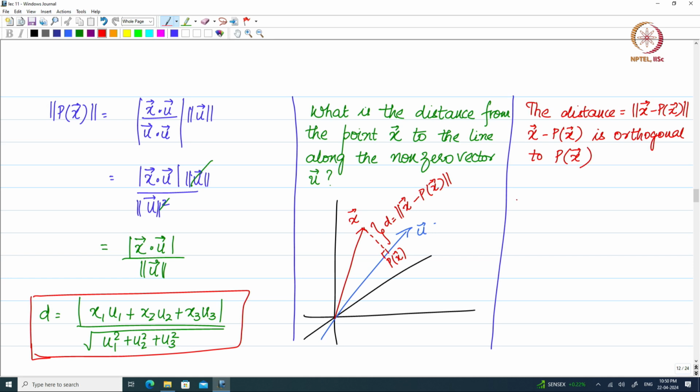So, I can use Pythagoras theorem and say that the squared length of x minus p of x is equal to x squared minus p of x the whole square. X squared is basically x dot x, minus p of x, which is x dot u divided by u dot u, the whole square divided by u dot u.